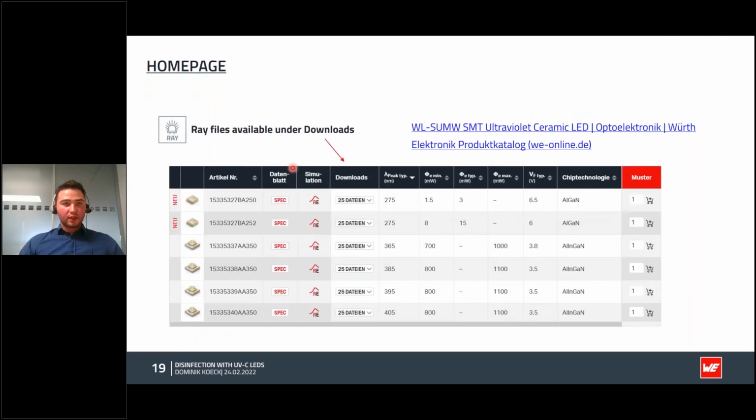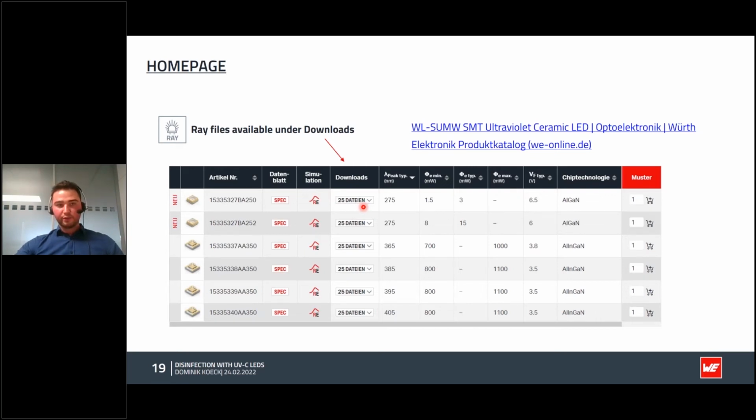Okay, so let's jump back to the WAV files and our homepage. This is how our homepage looks. Here's also a link for it. What's most important for you to know is that under downloads, you will find the WAV files that I showed earlier that are needed for optical simulations.